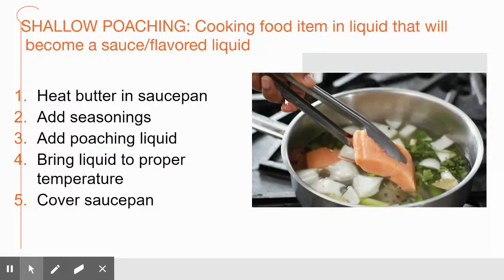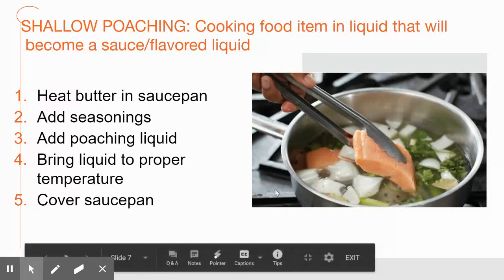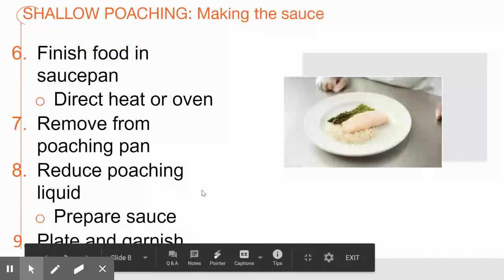When it comes to shallow poaching, you're cooking food items in liquid that'll essentially become a sauce. So you heat some butter in the pan, which is really common. Add your seasoning, add your poaching liquid, bring it up to temperature, add your food item like you see here. This is a piece of salmon going in, and then cover your saucepan.